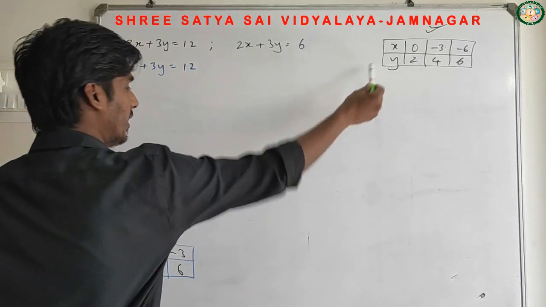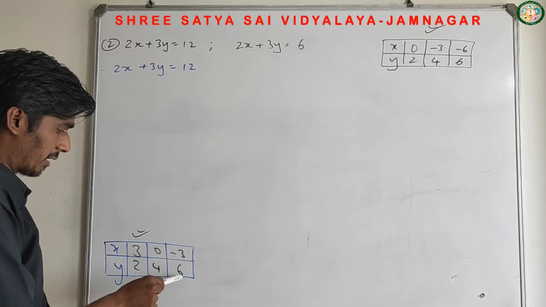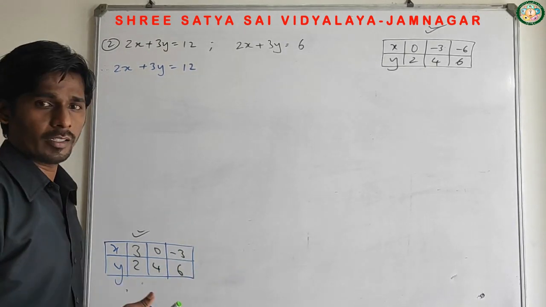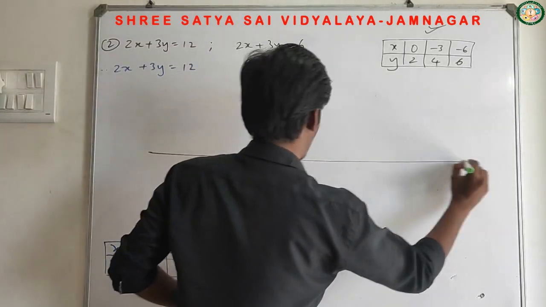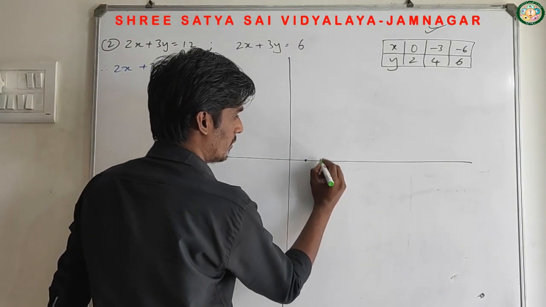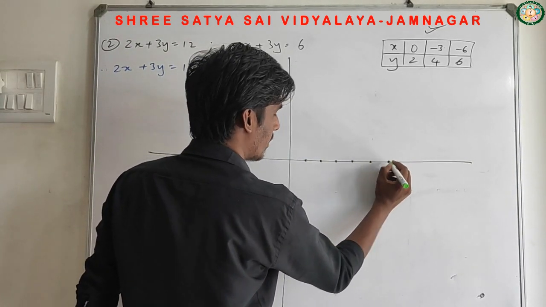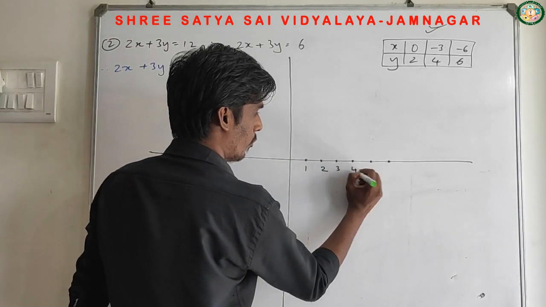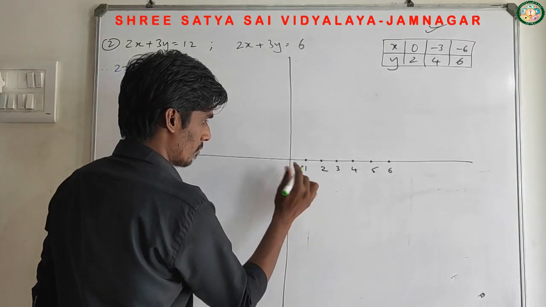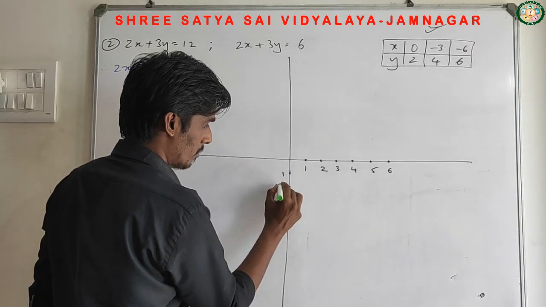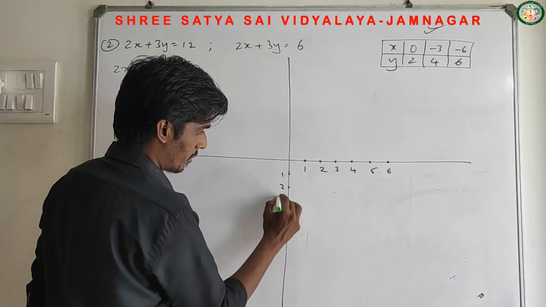Now, if you look at both the tables, this one and this one, the maximum number is what? 6. Here the maximum number is what? 6. So I am going to plot the graph till 6 only. So it's 1, 2, 3, 4, 5 and 6. Similarly here 1, 2, 3, 4, 5, 6.